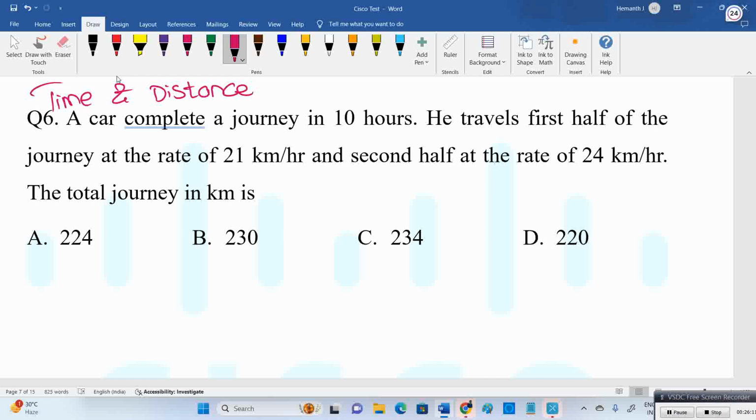Done with the question? What's the answer from your end? Those who are done with the question, let me know the answer.